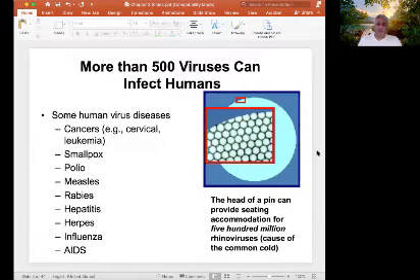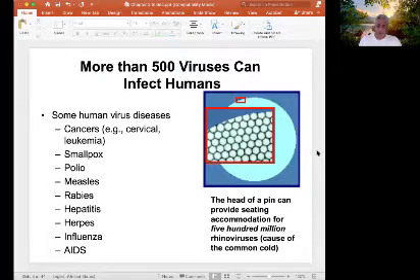Every living thing, from bacteria through fungi, through plants, up until you get to animals, including humans, have viruses which infect their cells. As the slide says, humans have so far discovered over 500 different types of viruses which infect us.